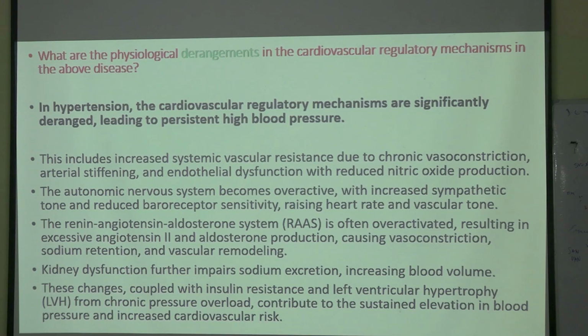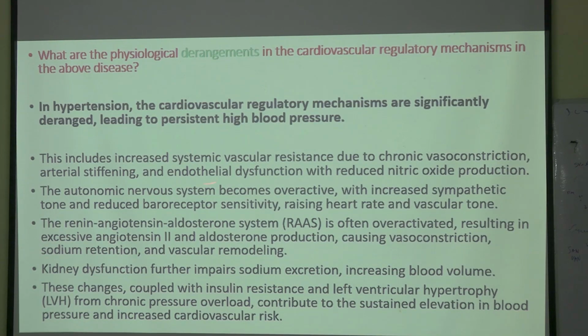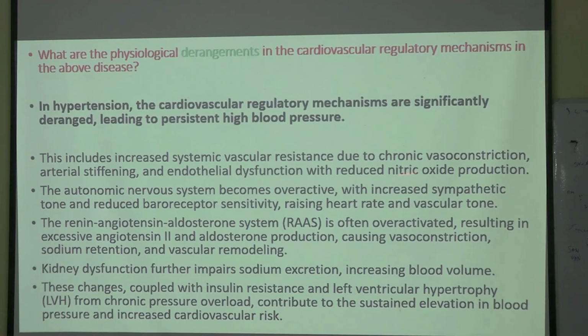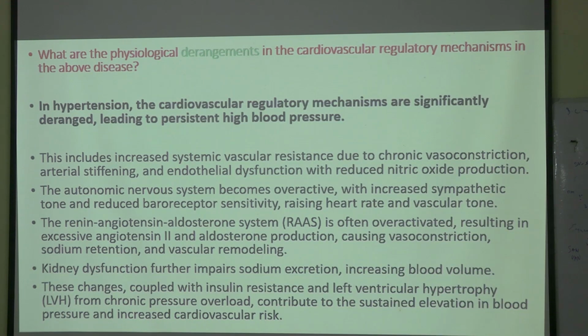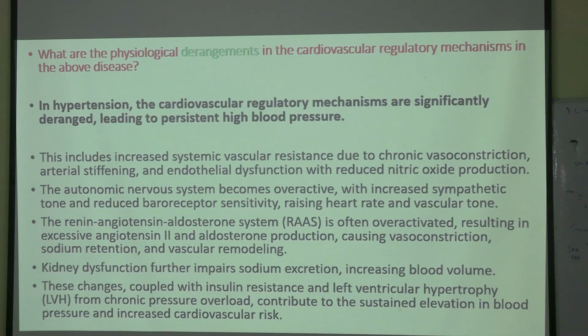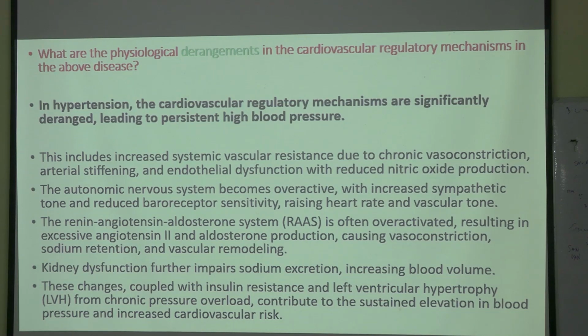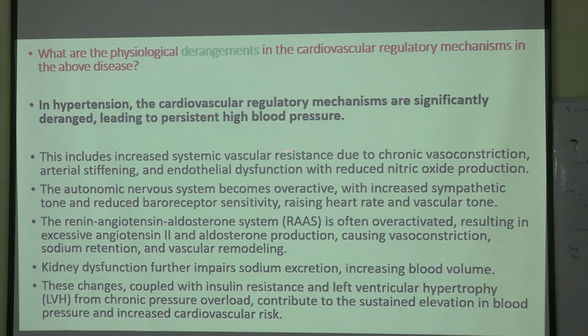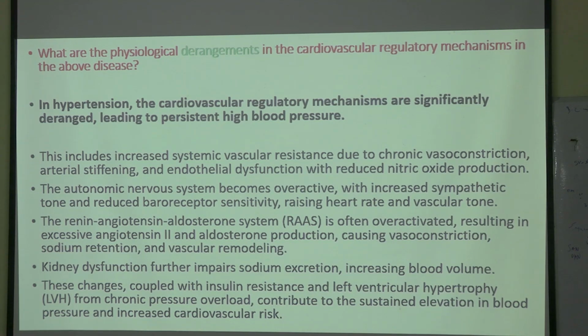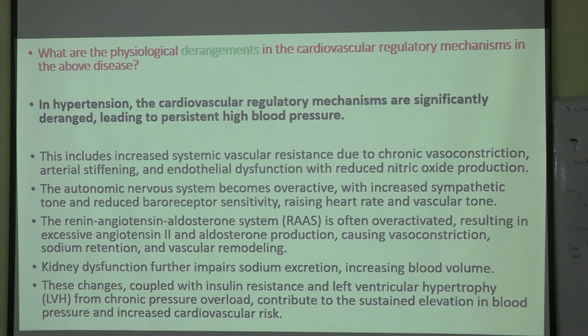As we know, nitric oxide is a vasodilator, right? But here, due to the dysfunction of the endothelial system, there is a reduced amount of nitric oxide. Obviously, a reduced amount of nitric oxide facilitates chronic vasoconstriction, and chronic vasoconstriction leads to vascular resistance, and vascular resistance ultimately facilitates the development of hypertension, right?